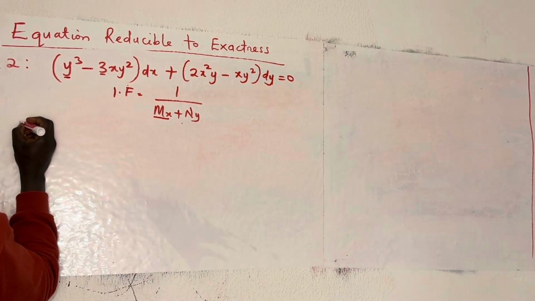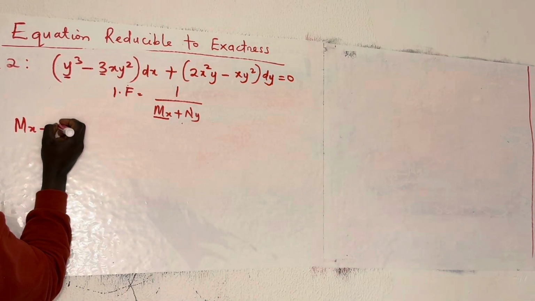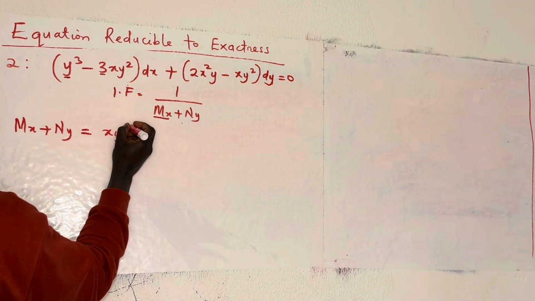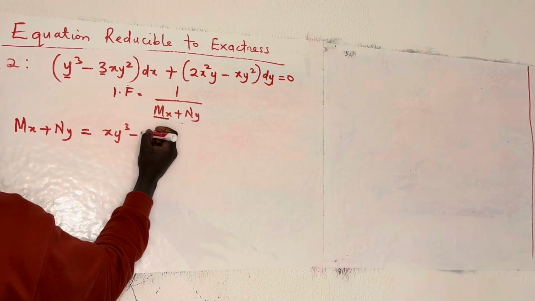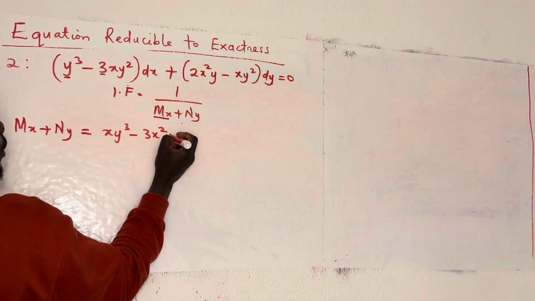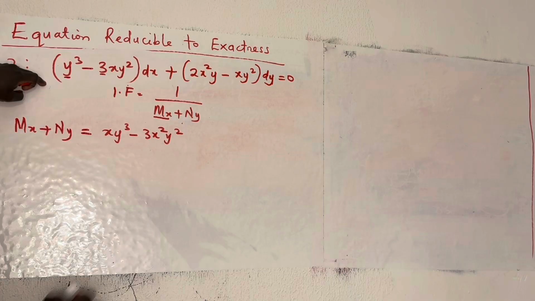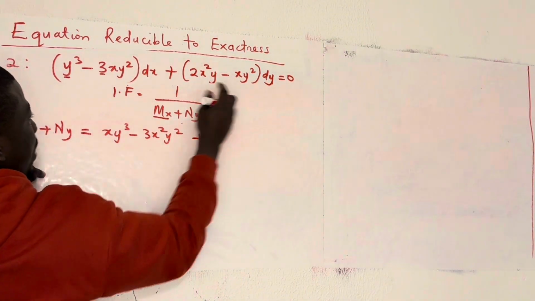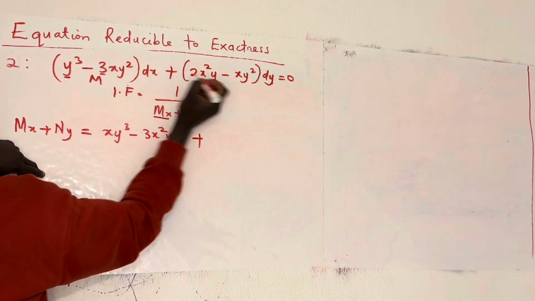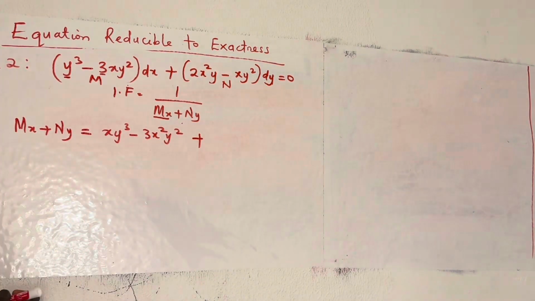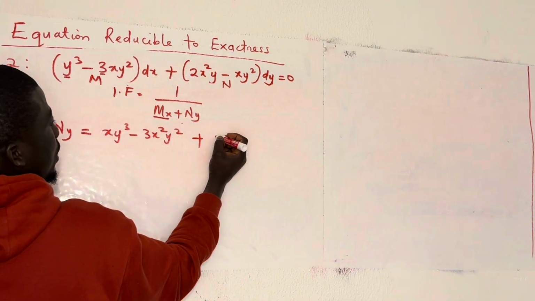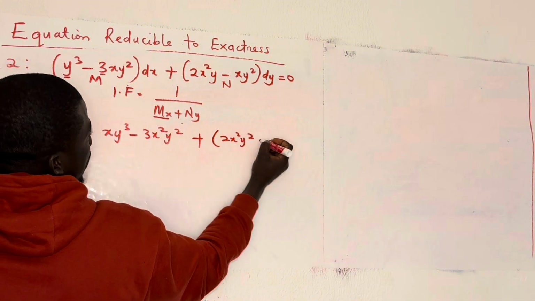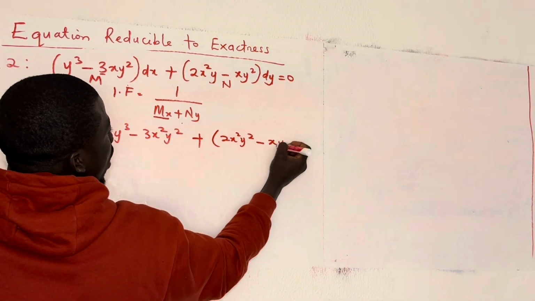So let's determine our Mx plus Ny, and that will give us xy cubed minus 3x squared y squared for this, plus the positive sign here. Let's multiply the whole of N by y. Don't forget, the first one here is our M and the second one here is our N. So multiplying N by y, we have 2x squared y squared minus xy cubed.